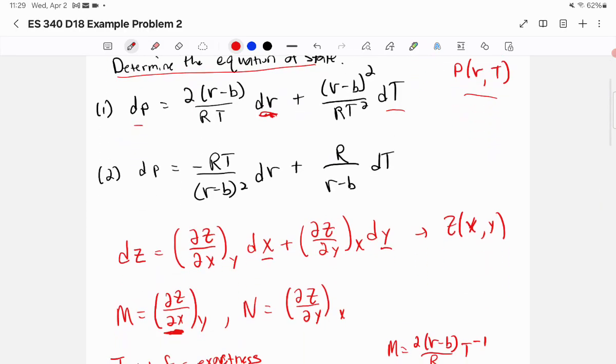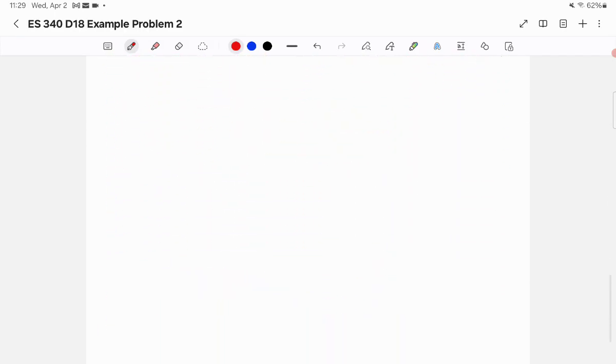The second one, which I already hinted at before, we're going to find can in fact be written as an equation of state, and then we'll find the equation of state.